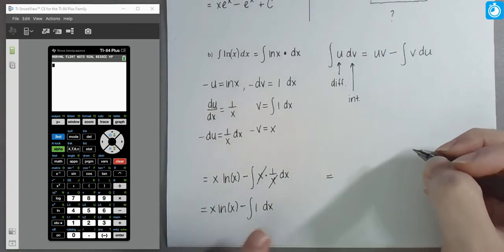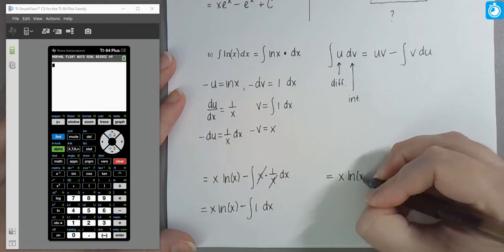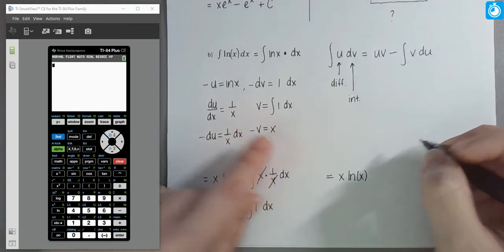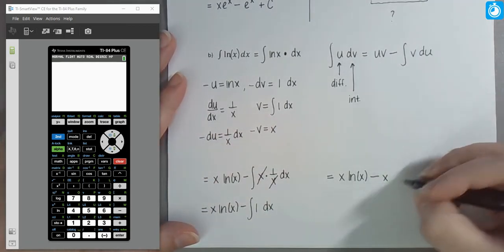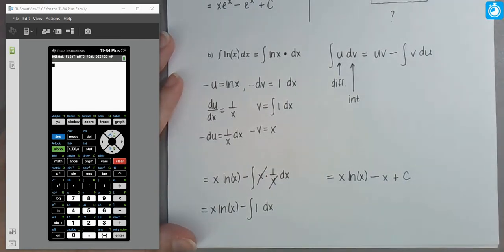And so when we take the antiderivative right there, we still have our x times natural log of x, but the antiderivative of 1, we actually just did that one. It takes us to x, so it's minus x, and then plus our constant of integration. So that is going to be our antiderivative.